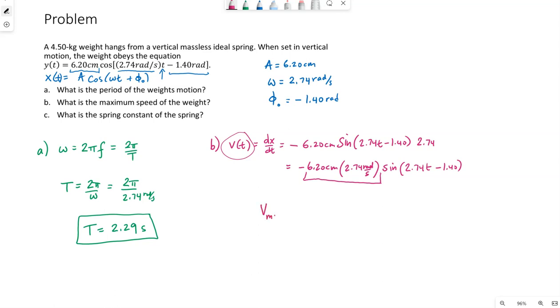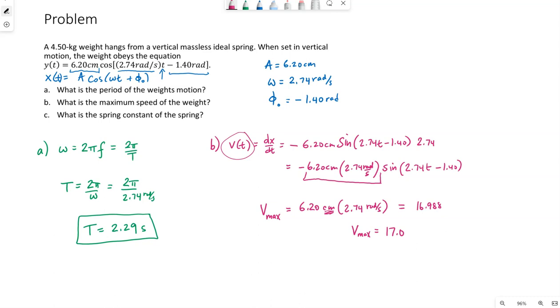So the maximum speed would be 6.2 centimeters times this 2.74 radians per second, which gives us 16.988, but to 3 sig figs, that 9 is going to round up.